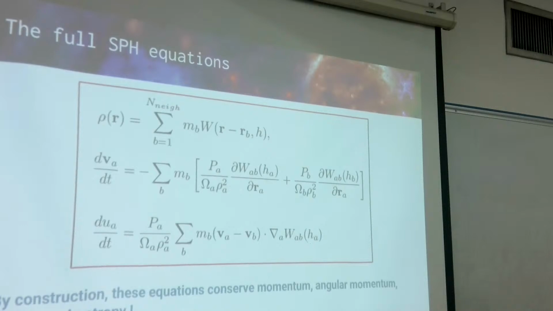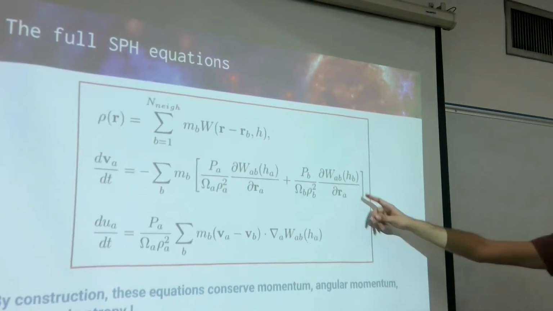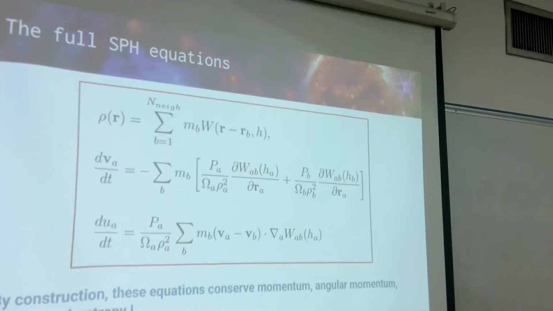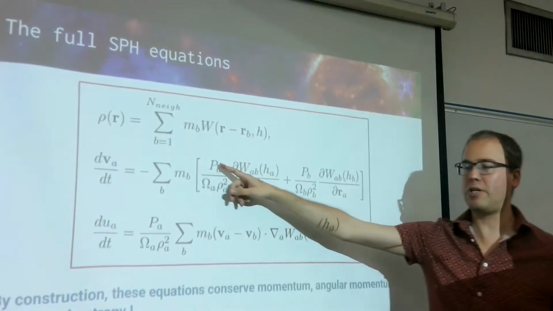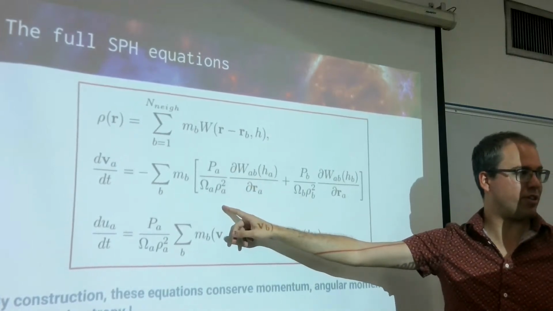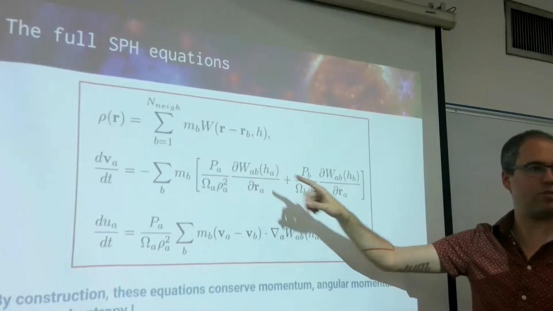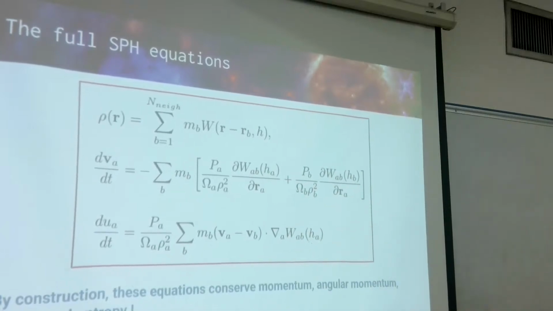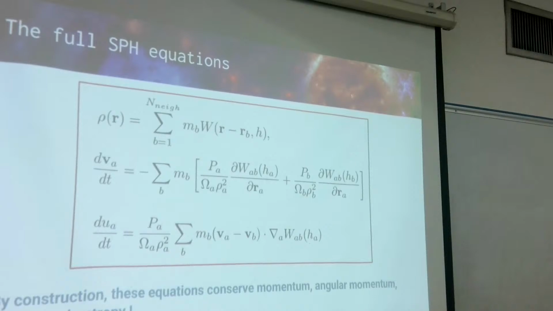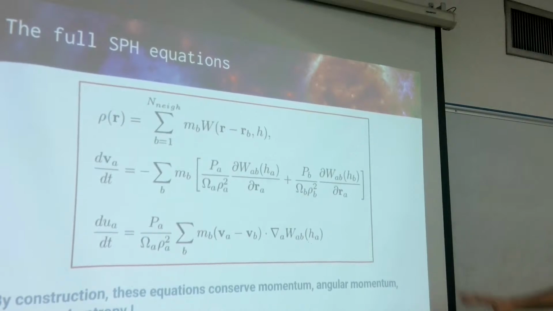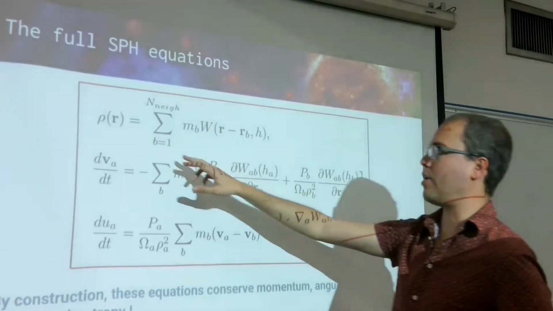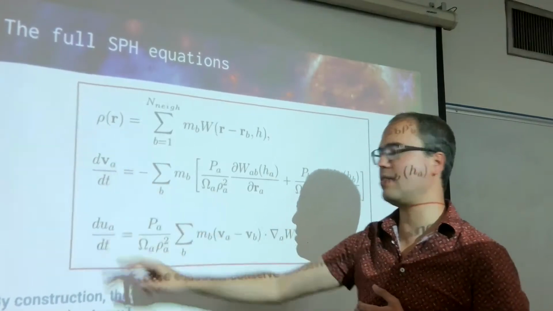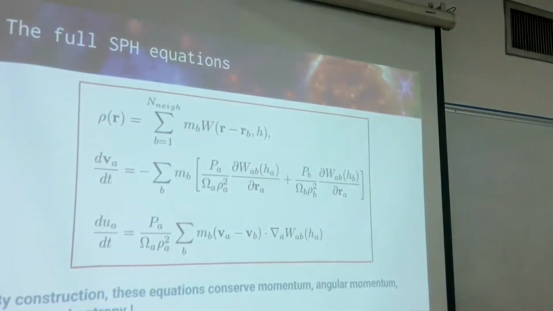I go through all of the math and I end up with this equation. The only thing you will not have is these omegas. We're going to talk about them in a second. But we have this p over rho squared, which is coming from the equation of state. And no surprise that because we're talking about derivatives of rho, we should actually get derivatives of the W. So once I calculate the density, I can calculate how the velocity and then the temperature of my fluid changes.